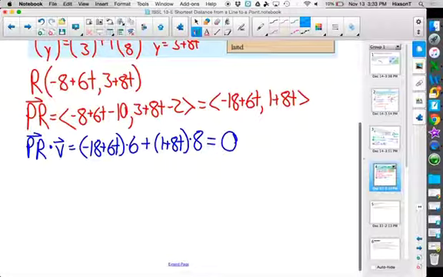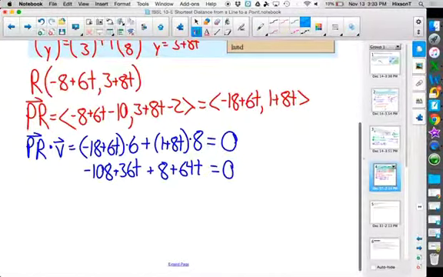Negative 18 times 6 is going to be negative 108, plus 36t, plus 8 plus 64t, and that's got to equal 0. So we've got 100t, and that's going to equal 100 if I get the numbers on the other side. So t has to equal 1.